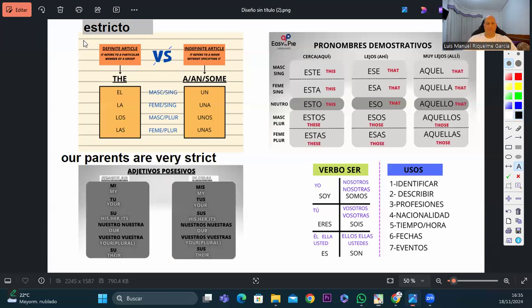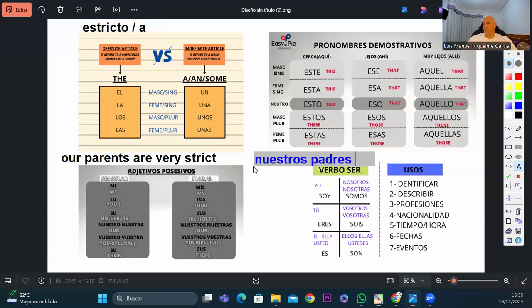Estricto, if it is a man, estricta, if it is a woman. Vale, our. How do we say our? We have to go to our possessives. And for our, we say nuestro, or nuestra, or nuestros, or nuestras. Parents is a masculine plural word. So you'll go for nuestros.